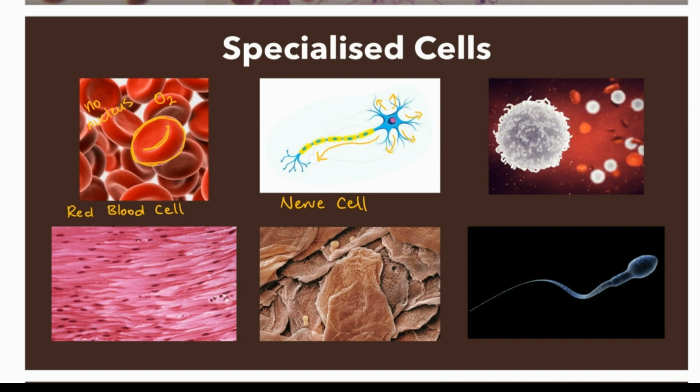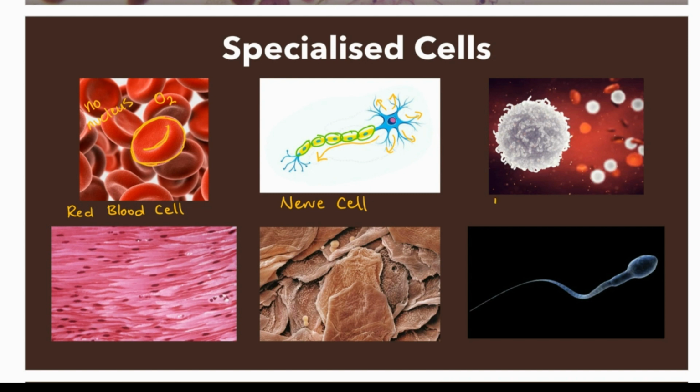You might have also noticed this little sheath here. These little yellow structures surrounding the nerve cell are for protection, and they also help increase message relay, so the speed at which messages get carried throughout the body. So again, very highly specialized for its function.